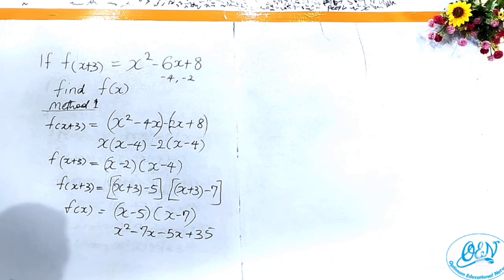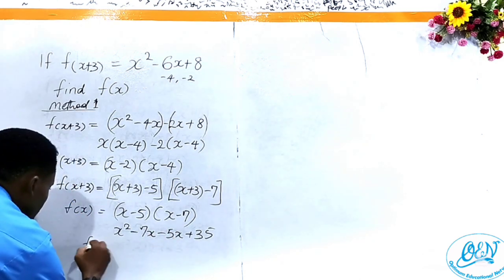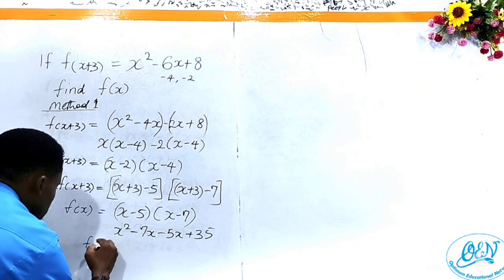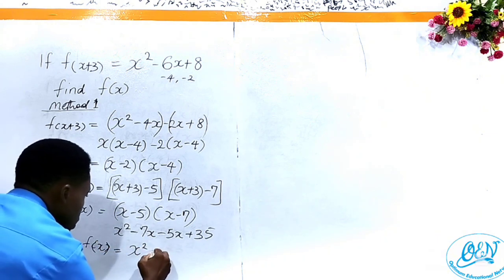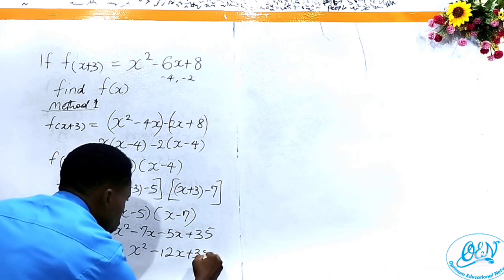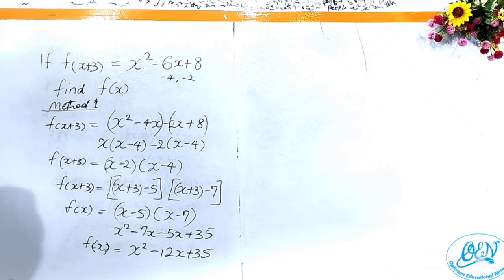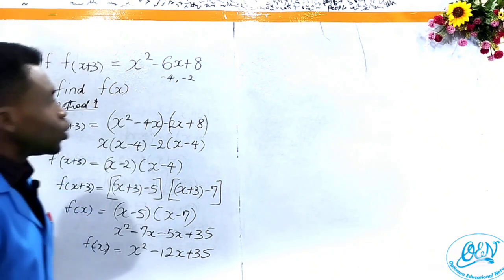Minus 5 times minus 7 will give us this. So f of x finally is x squared minus 12x plus 35. So this is the quadratic expression we have if f of x is our domain.